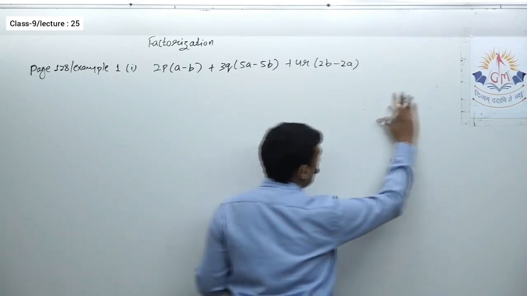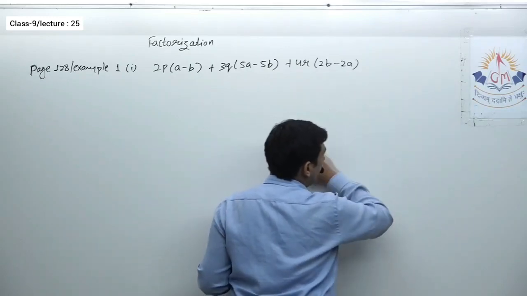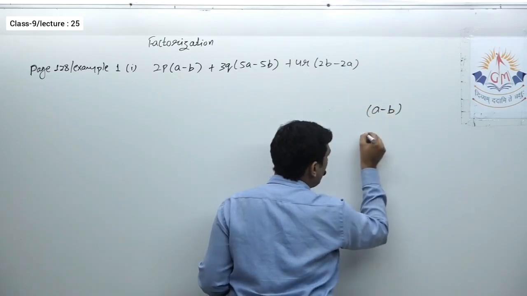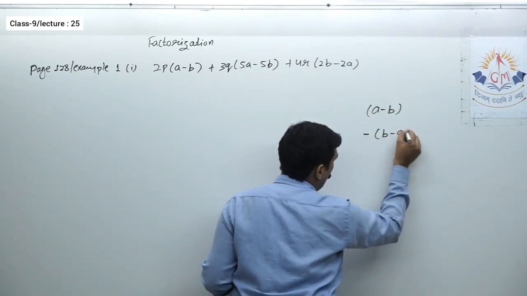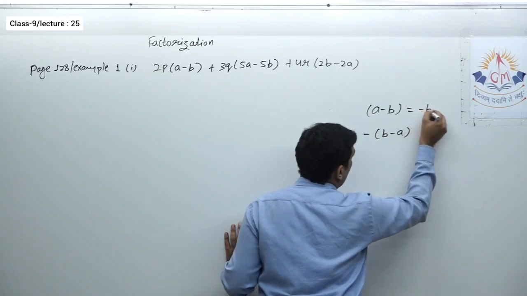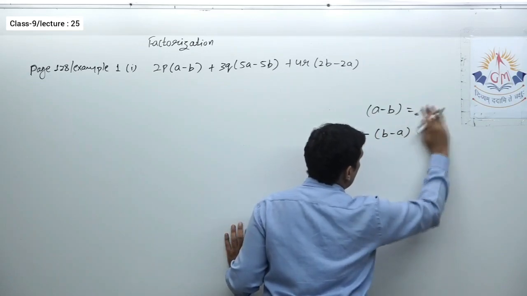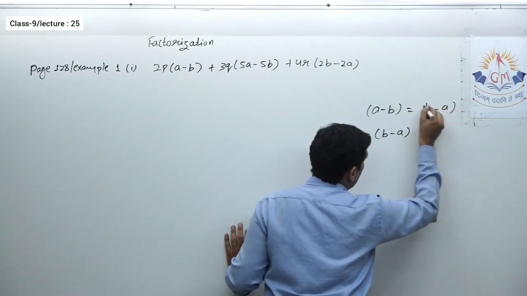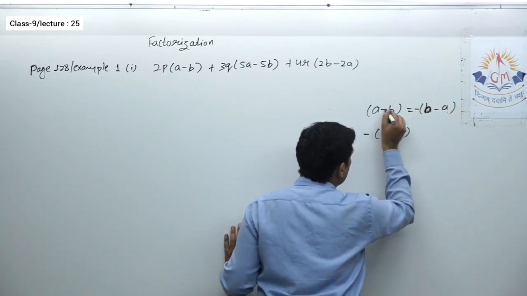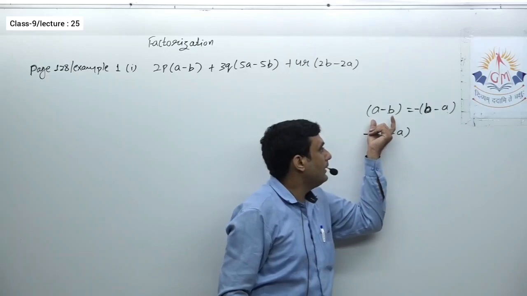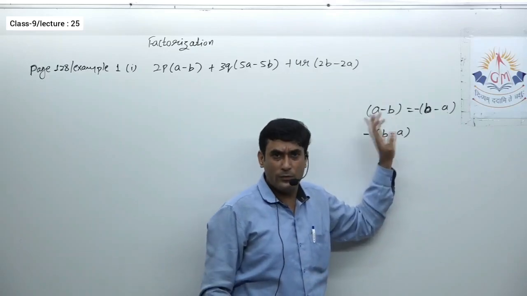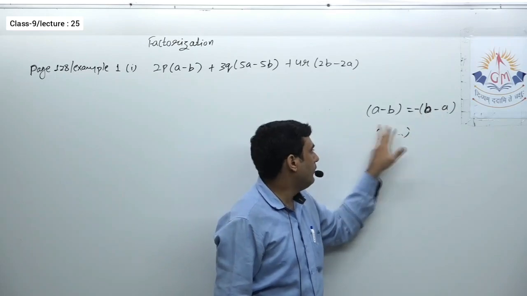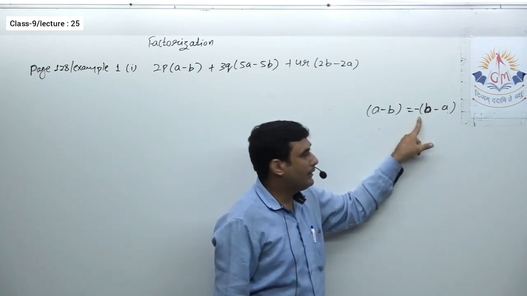And remember one thing that will help you throughout this factorization. Whenever I have a minus b, I can write this as minus of (b minus a), or vice versa. In other words, if there are two quantities and the difference between them is given, a minus b, first quantity minus second quantity, and I want to interchange their positions, I have to take a minus sign outside.